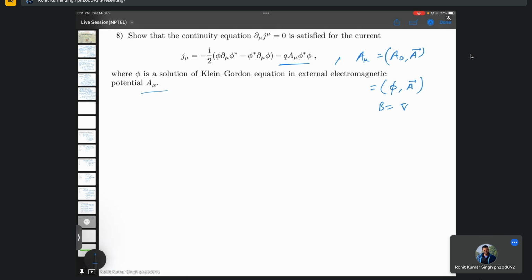So basically the magnetic field is del cross A, and the electric field is the gradient of the scalar potential, and if it is time dependent, then del A by del t comes. Okay, so now with this potential, what will happen to the Klein-Gordon equation?